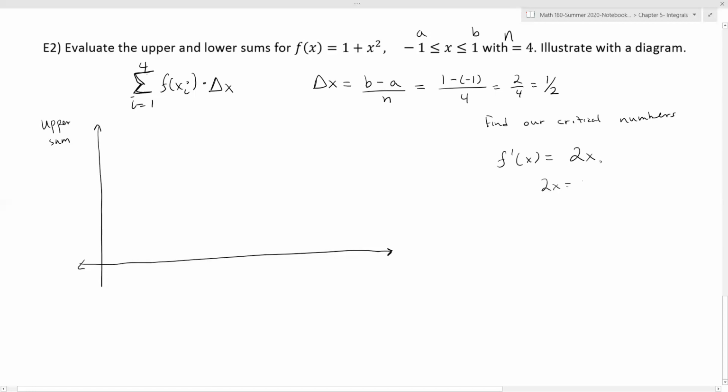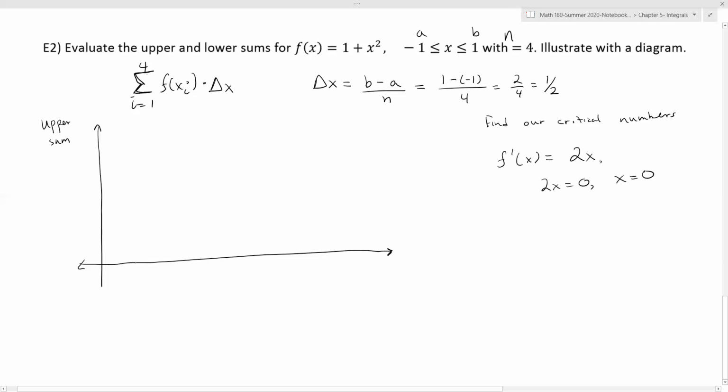So 2x equals 0, and we have a critical number at x equals 0. So everywhere else on this graph, it's either going to be our right-hand endpoint or our left-hand endpoint, because inside any one of the other intervals there are no critical numbers, only at 0.